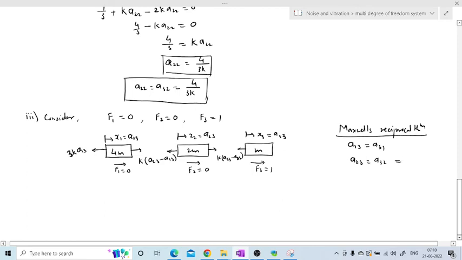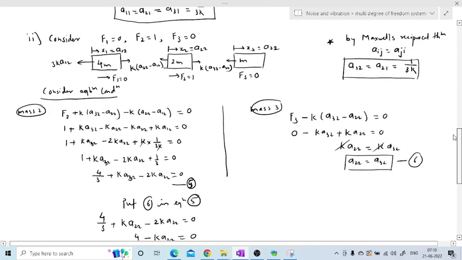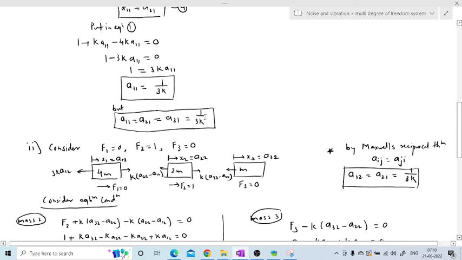Now just see the values. Here we have value of A32, it is 4 by 3k. So this value we directly have from the previous calculation, and for this one we'll have to go to the first calculation, A13. So go to the first calculation, and here we have A13 or A31, that is 1 by 3k.